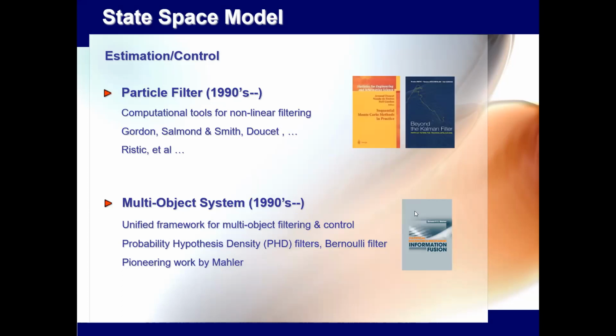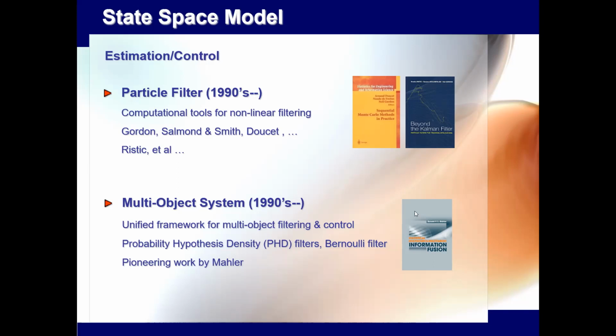Then the thing is that the Kalman filter is only useful for linear Gaussian systems. And so it has been extended further to accommodate nonlinear and non-Gaussian systems. So these two things are relatively recent. And then of course, we want to extend it further for multiple object systems.